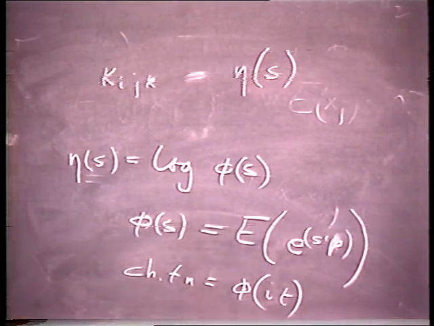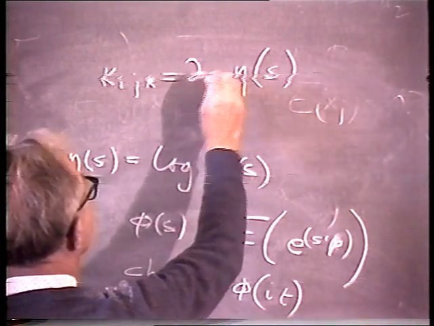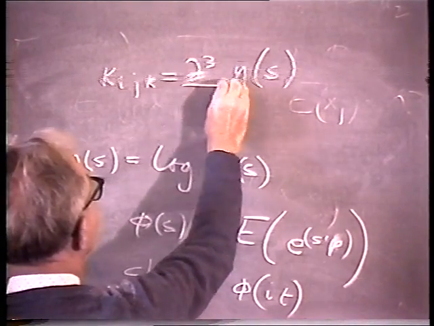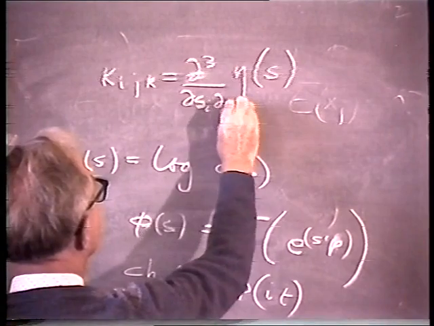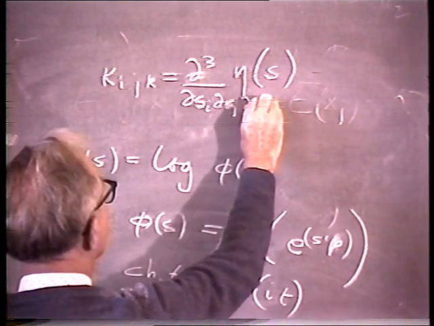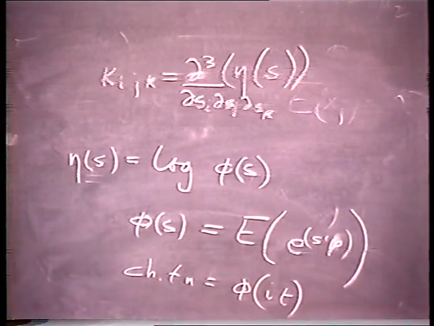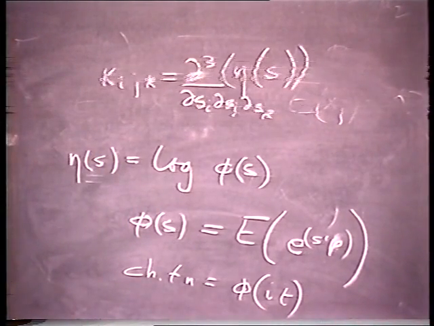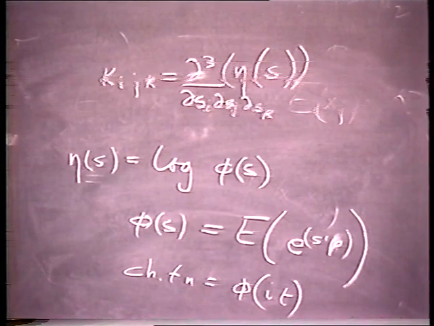Now then, my kappa ijk is just the same as d cubed eta over d si d sj d sk. In other words, that is by definition the third order cumulant with suffixes i, j, k.